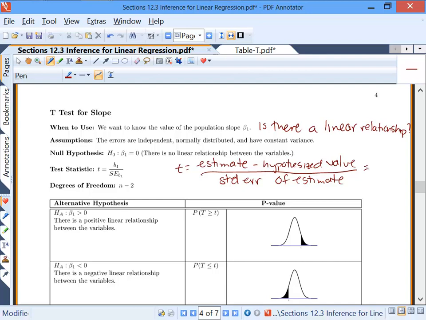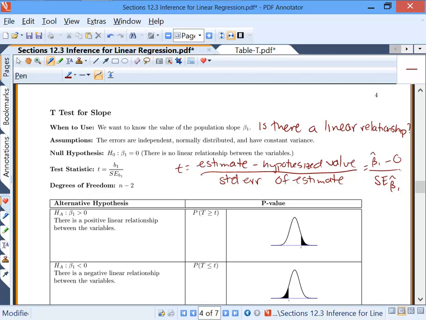So in our case, our estimate for our population slope is beta 1 hat. What's my hypothesized value of my slope? It is 0, and divided by the standard error of our estimate, which we write standard error of our slope.